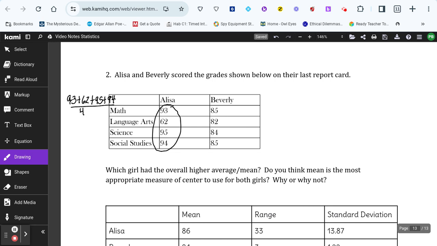She's mostly an A student. Plus 95 plus 94 is 344 divided by 4. So Alyssa's average is an 86.